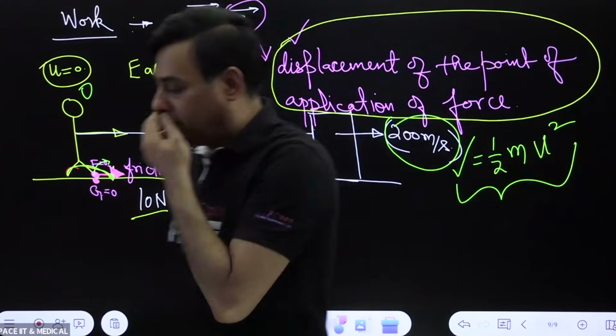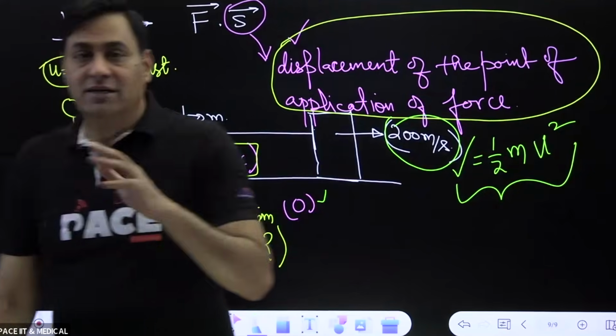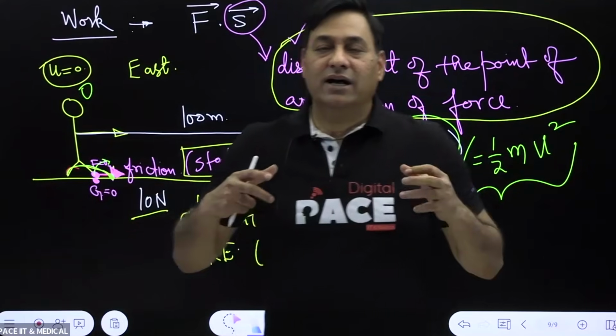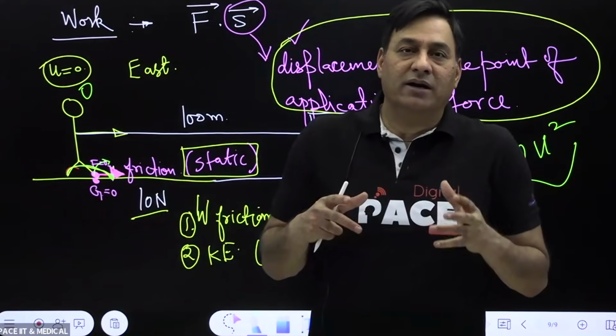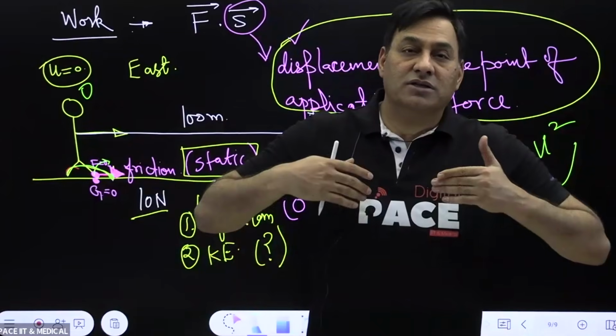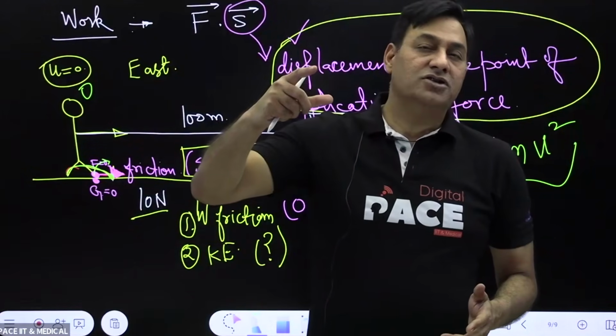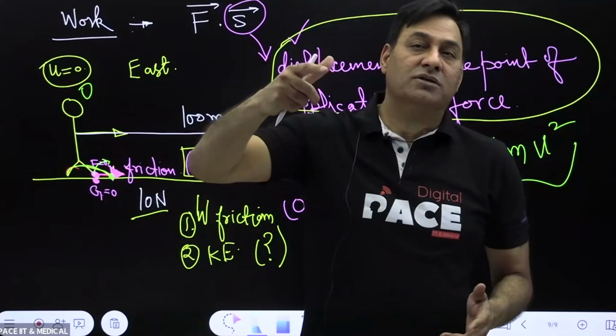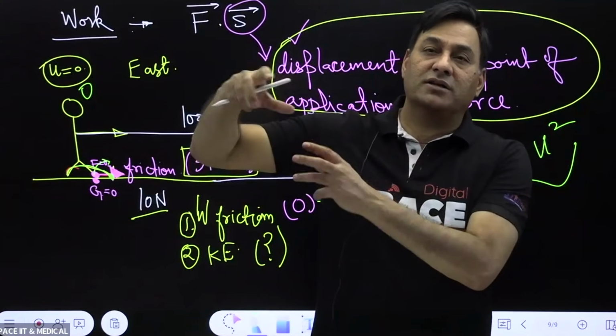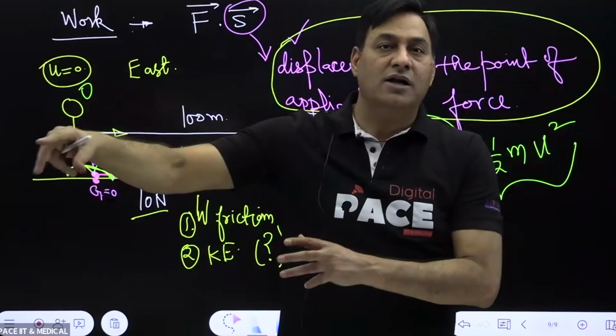This energy is the energy provided by our muscles. Work was done by our muscles. In case of a car, that energy is being provided by the engine, which is burning the energy in the form of combustion of fuel.